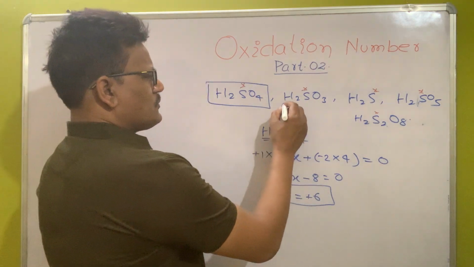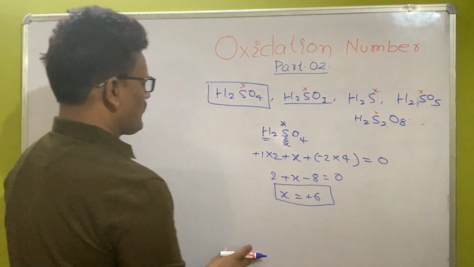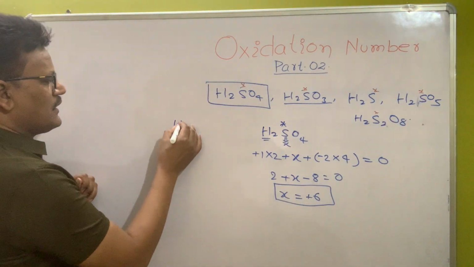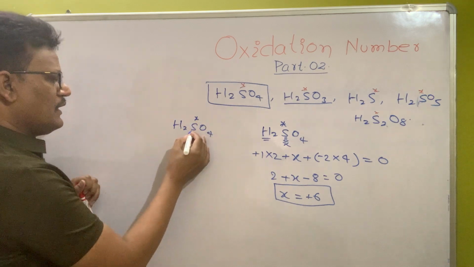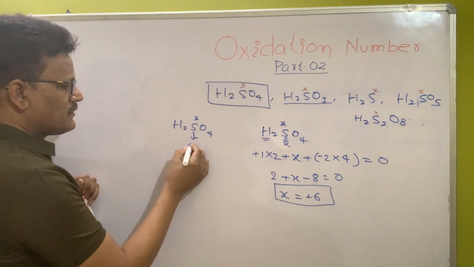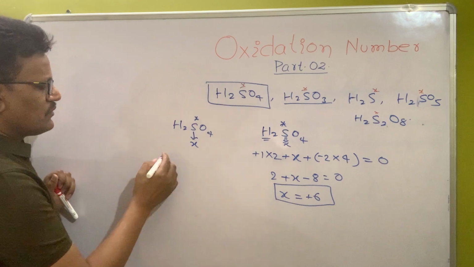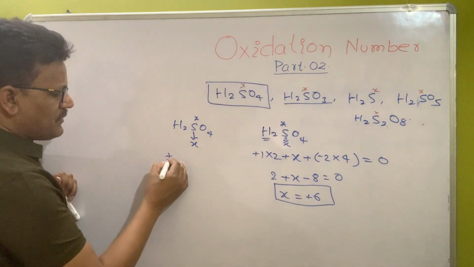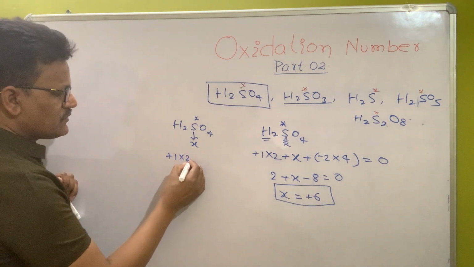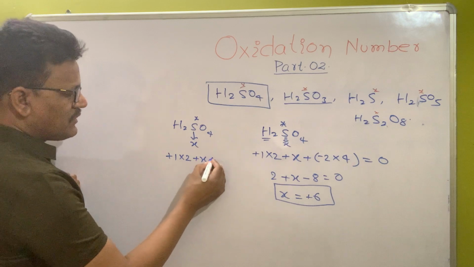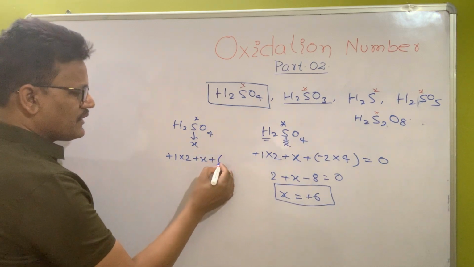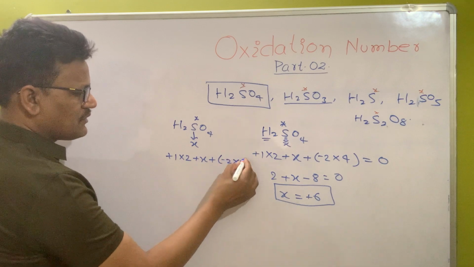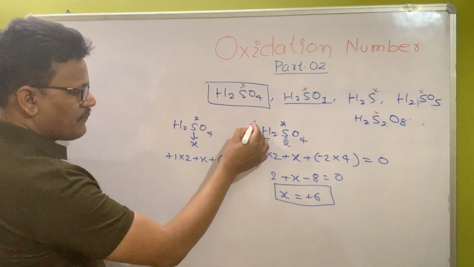What about H2SO3? In H2SO3, let the oxidation number of sulfur be x. So for H we have +1 multiplied by 2, plus x, plus 3 multiplied by -2, equals 0.